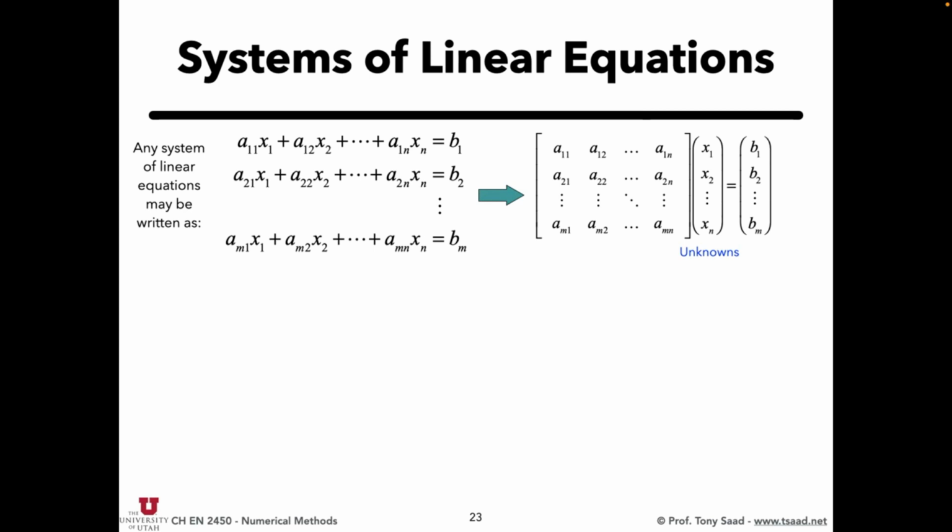The coefficients of this row correspond to the coefficients of the equation. So look at the first equation on the left, a11x1 plus a12x2 plus dot dot dot plus a1n xn equal b1. That's exactly what you have on the right: a11x1 plus a12x2, because that's the dot product of the row vector by the column vector, equal to b1, and so on.